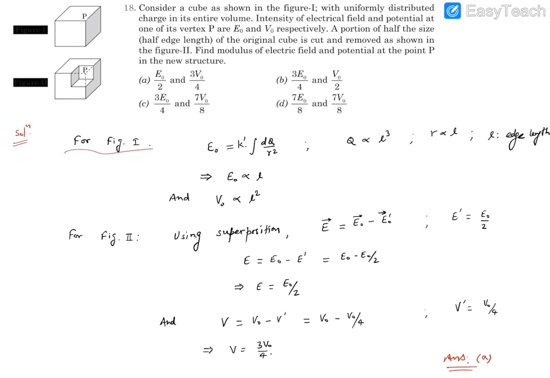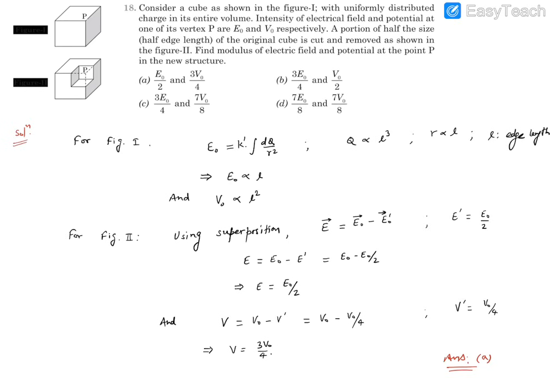Now consider the first figure. Whatever this E0 is at point P will be because of various charge elements and their distances. So the formula will be the integration of k dq upon r square, and there has to be a direction addition, so we need to take care of the directions as well.